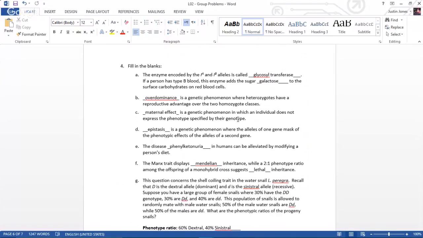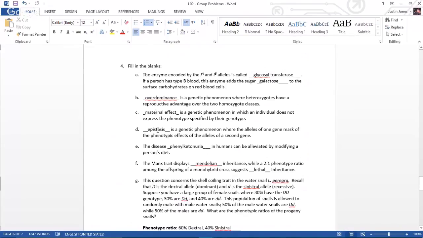But some of the mother cells come in and they help do things, and those chromosomes are kind of implanted and used as blueprints on how to build the snail structure. But once the snail starts growing, it loses track of that DNA and it starts using its own. But the structure's already started to be formed, and it just continues the way it is. So that's the maternal effect, where the mother's genotype is what the child's phenotype is, even though it may have a different genotype to begin with.